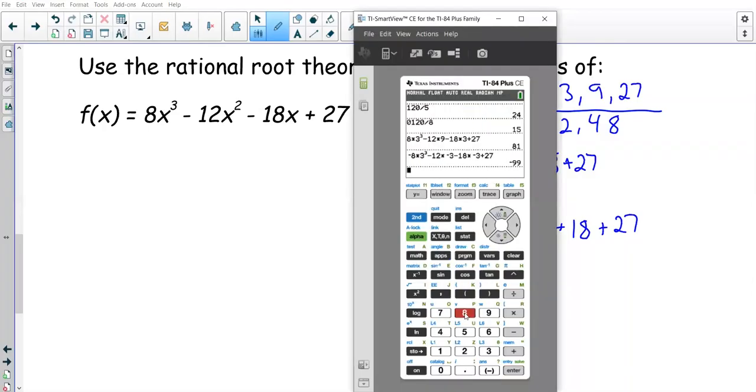And so I get 8 times 9 cubed minus 12 times 9 squared minus 18 times 9 plus 27. That gives me a massive number.